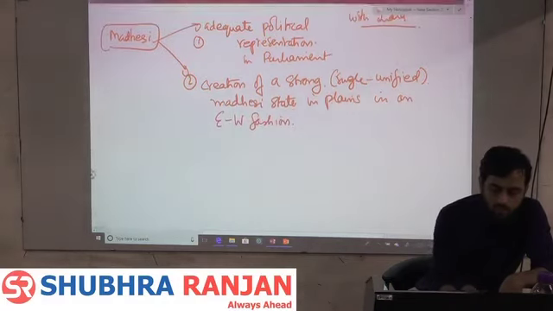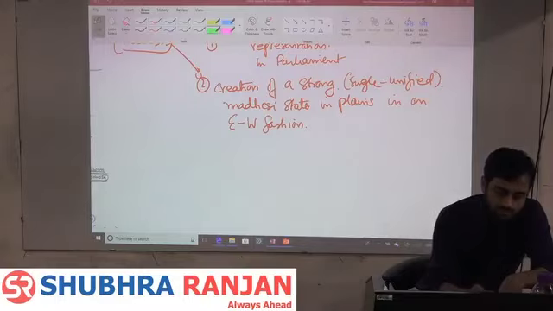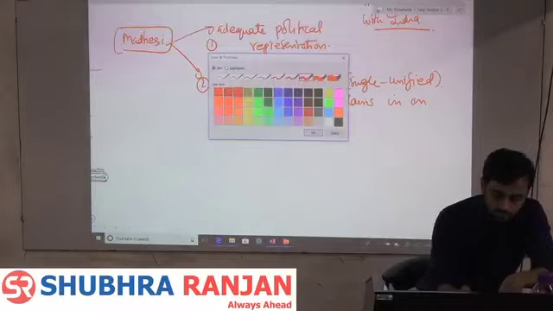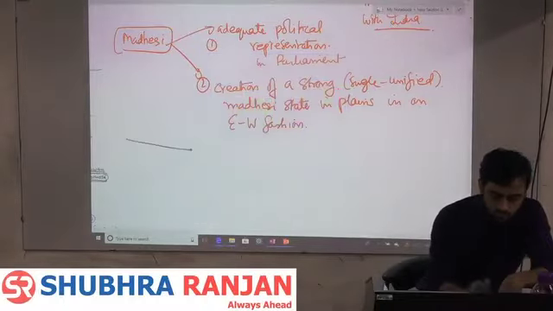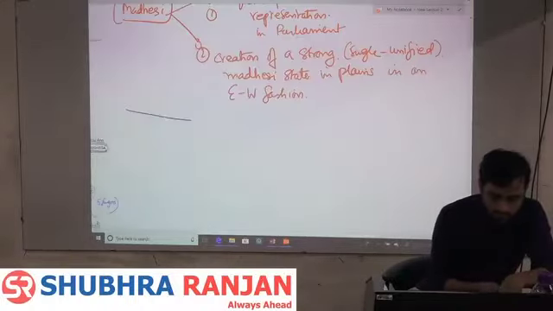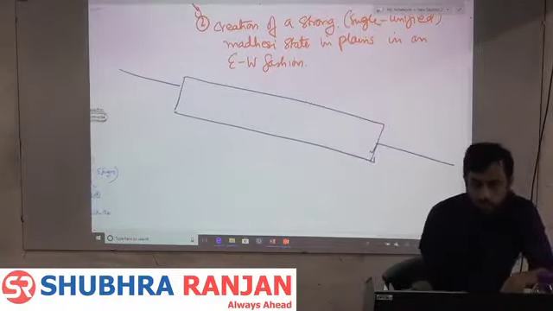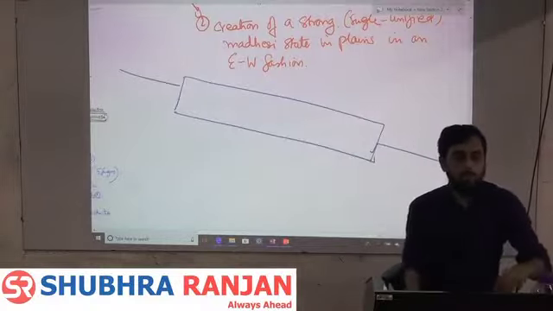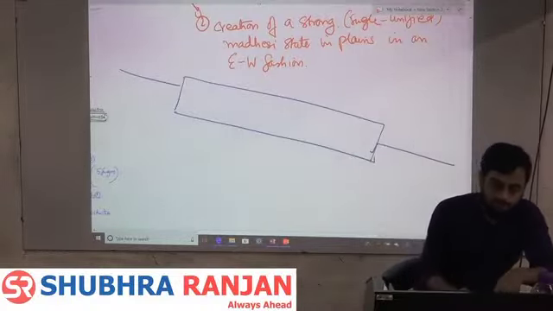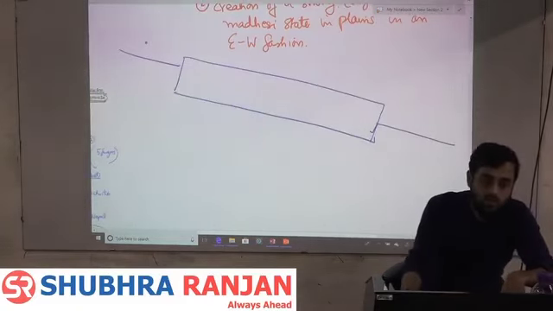What are we writing? Very simple, sir. You can understand this, that in Nepal, they decided to create a federal constitution and decided to create 7 provinces.